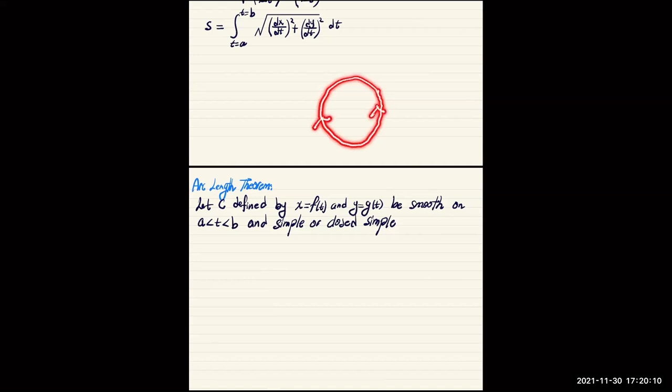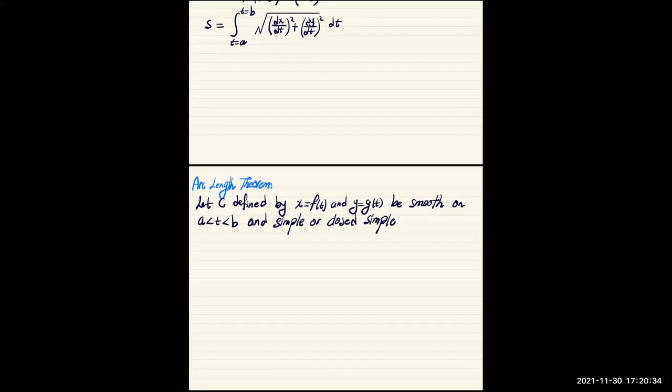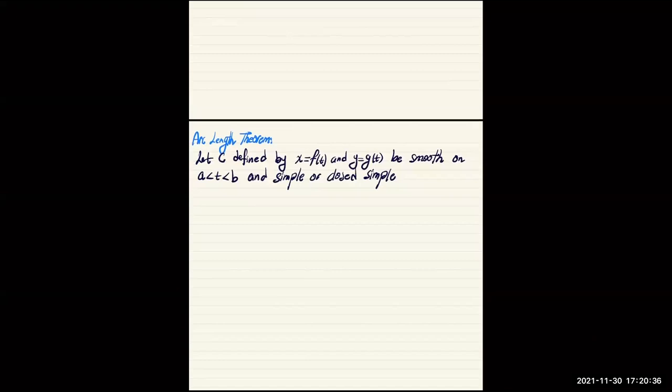If the circle overlaps itself, if there is an overlap, then what you find is over what the value is supposed to be. You're counting the length twice. You're not going to get the correct answer for arc length. So we need smoothness and we need simple.